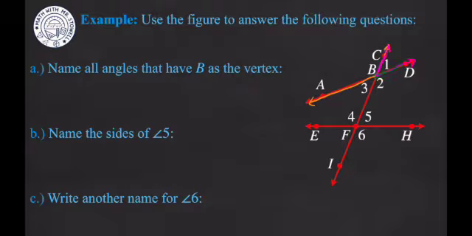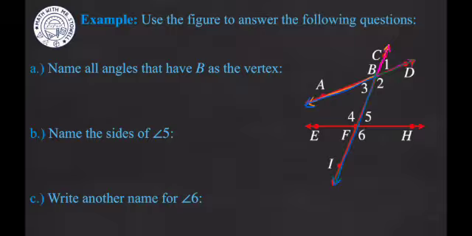We also have ray BD with ray BF or BI. That's another angle. And then lastly, we have the ray BF, BI, which also has connection with ray BA. So notice there are 4 angles connected at vertex B.